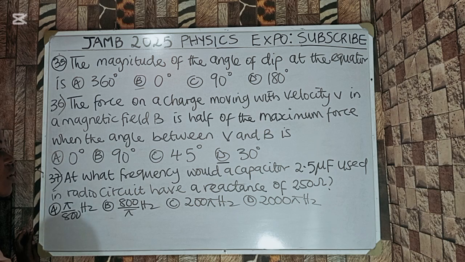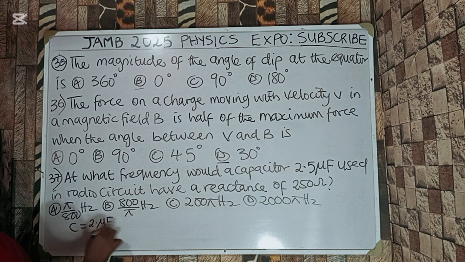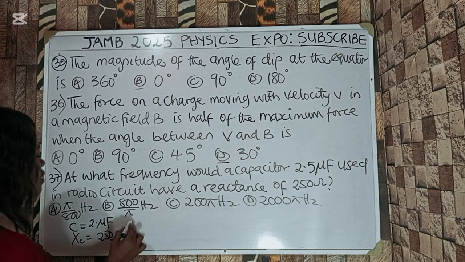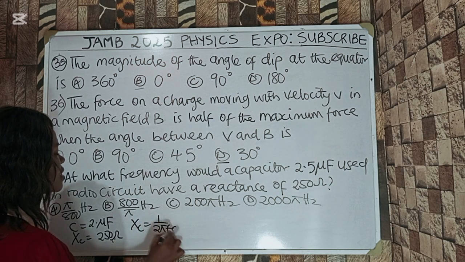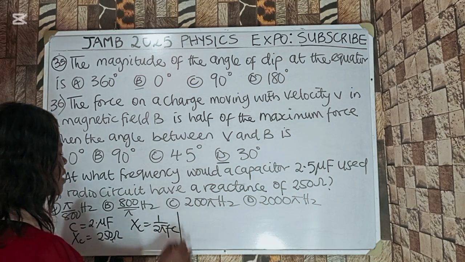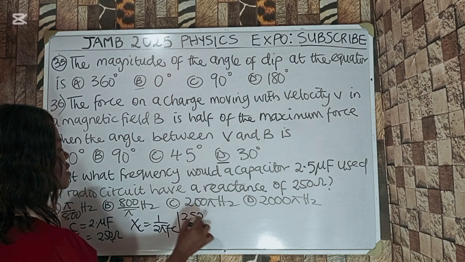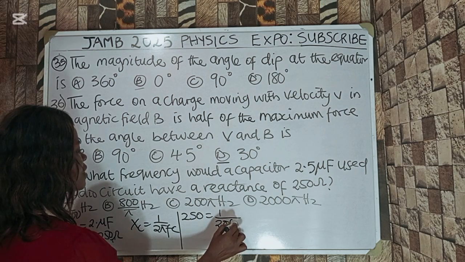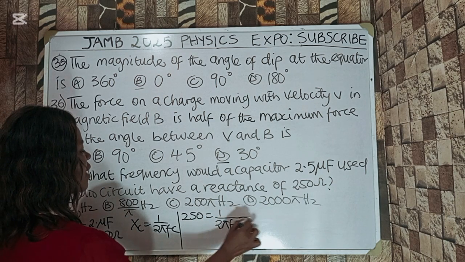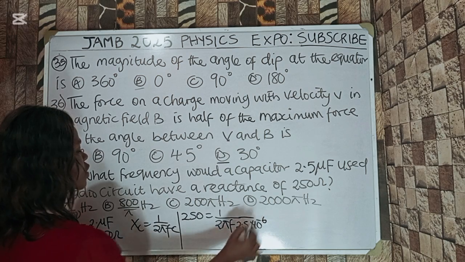Now looking at this question, we have the capacitance C equals 2.5 microfarad, and the reactance Xc equals 250 ohms. So the formula is Xc equals 1 over 2 pi f c. Let's substitute: 250 equals 1 over 2 pi f, and my C is 2.5 times 10 raised to power minus 6.